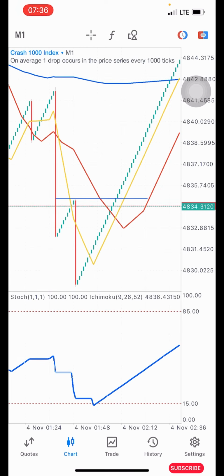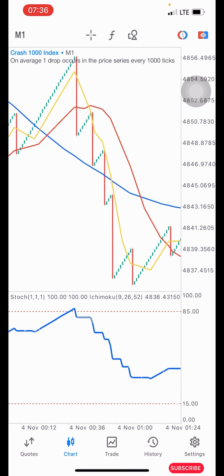Before I move further, I want to point out some important things you need to know. Before you wait for price to get to this place and take advantage of it, you need to note that this red and the yellow line need to first of all be below this blue line.